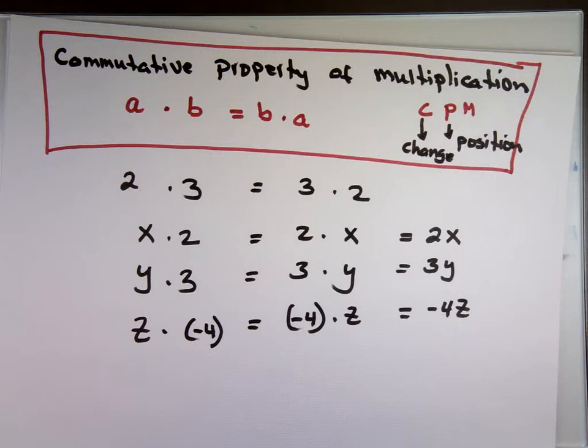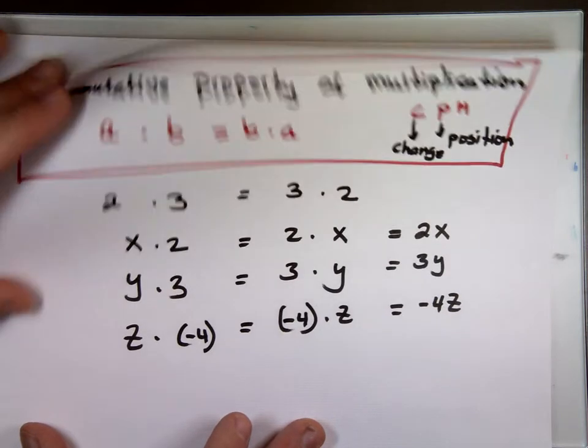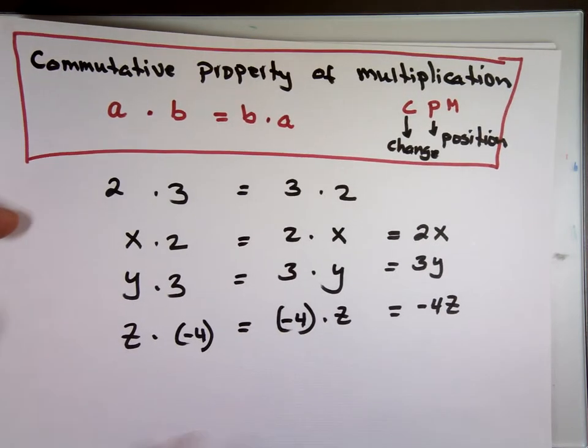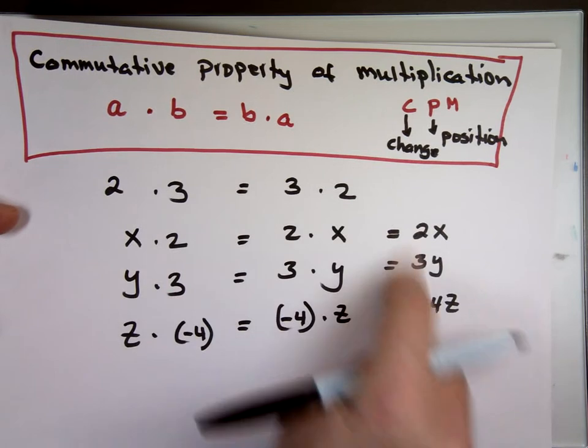And one more rule, and that's the associative property of multiplication with respect to addition. And that's another big one in algebra. So this is really big in algebra, this stuff right here.